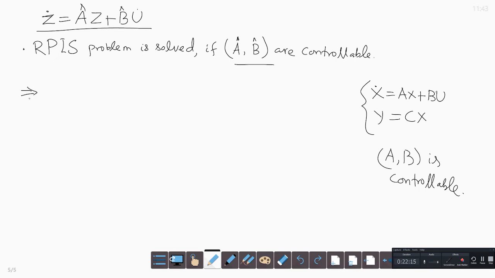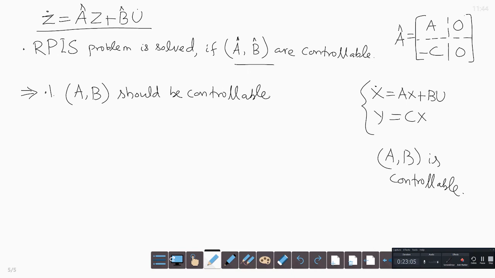That means this condition can be split into two conditions. First, because matrix A hat has a 0 column, we have defined A hat as A, 0, minus C, 0, so the last column is a 0 column, and the remaining matrix A is there, so this can be simplified. The matrix pair A, B should be controllable.